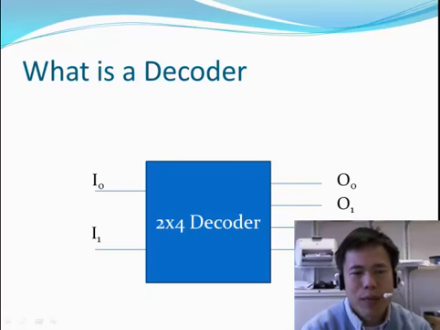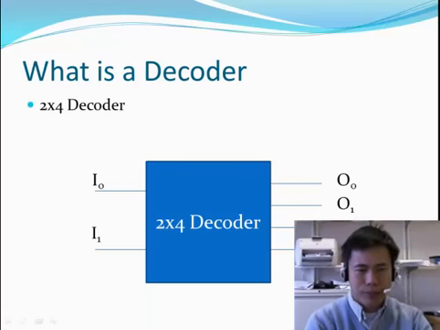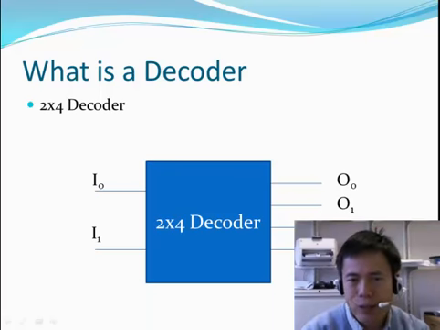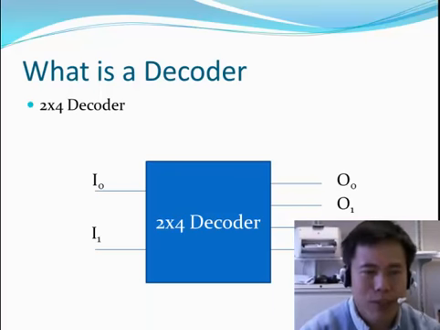For example, a 2 by 4 decoder: you got two inputs, I0 and I1, and each of them is 1 bit input, and outputs O0, O1, O2, O3, 4 bits. So if you have 2 bits input in the decoder, you will have 2 to the 2, that's 4 bits output. If you have 3 bits input in the decoder, then you're gonna have 2 to the 3, 8 outputs.